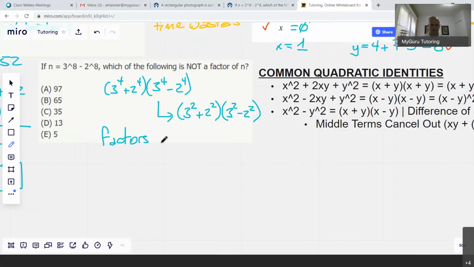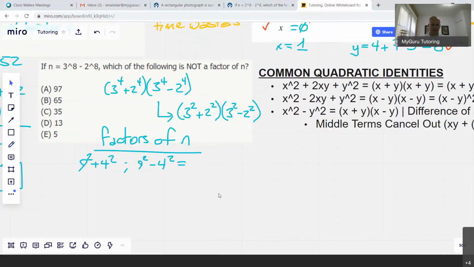So 3 to the 4th plus 2 to the 4th: how can I rewrite 3 to the 4th as a common square? 3 to the 4th is equal to what squared? 9. Yep. So we're looking at 9 squared plus, with the exact same idea, 4 squared. We also know that 9 squared minus 4 squared is going to be a factor.